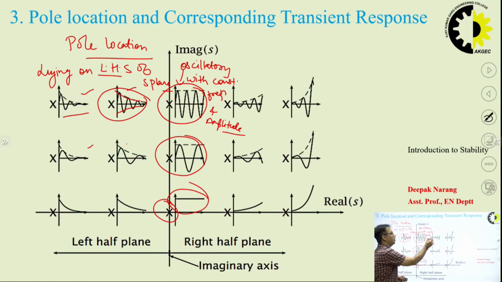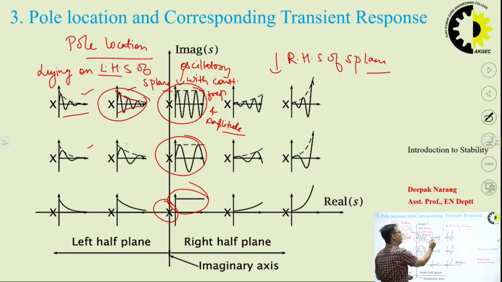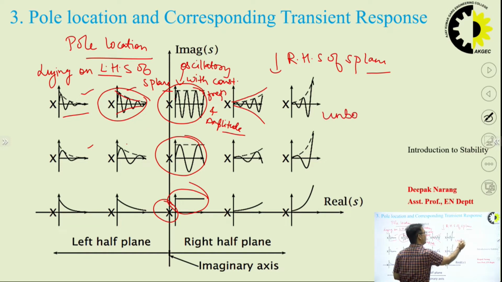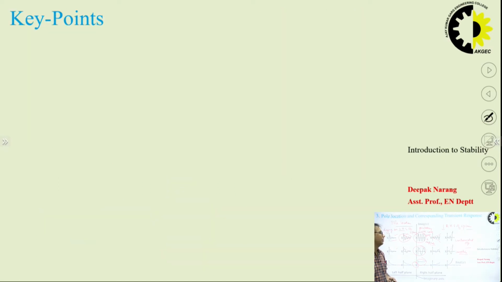But when poles are lying on the right hand side of the S plane, the output is going beyond its defined range and we call it an unbounded output. And we call the system unstable.